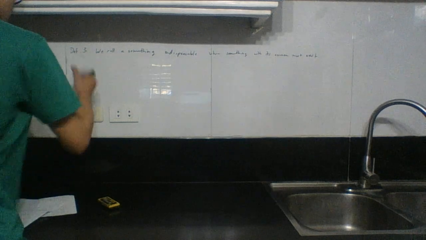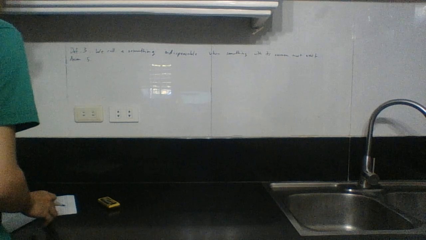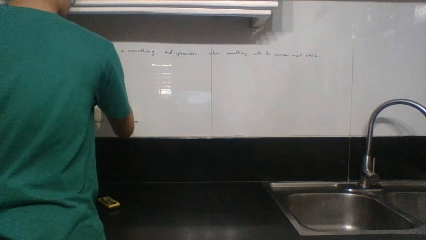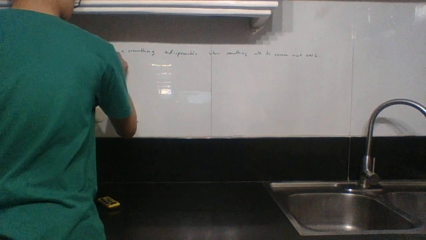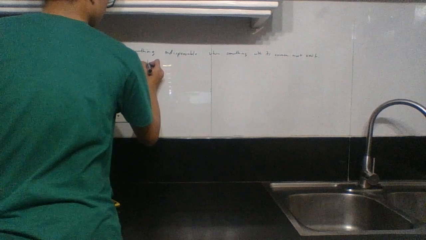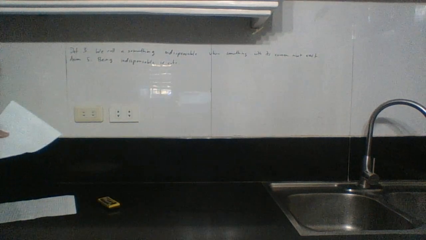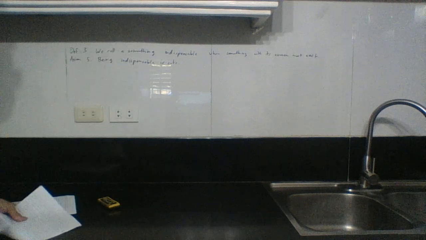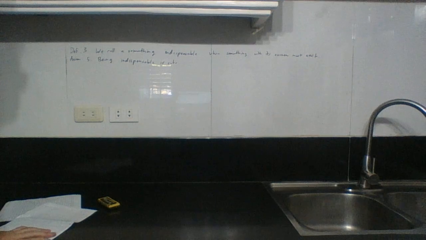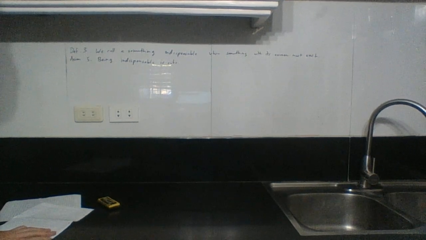Alright, the last axiom of this lecture. Axiom 5: being indispensable is cute. So indispensability is a property that an object has when it is necessary that something else with its essence exists.